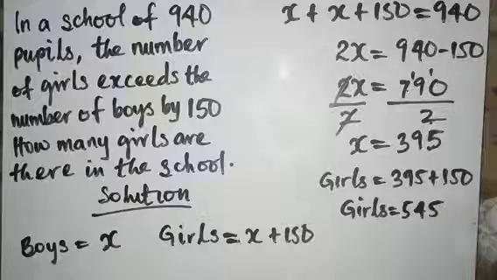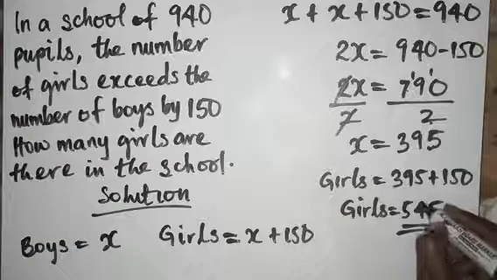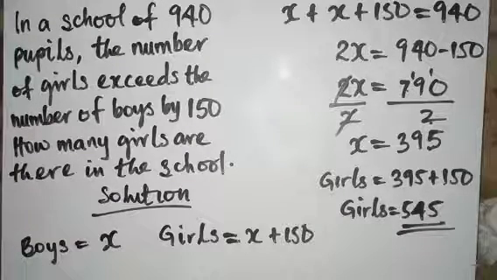Good. So the girls' population is 545 in that regard. Okay, so we get 545 to be the population of the girls. Good.